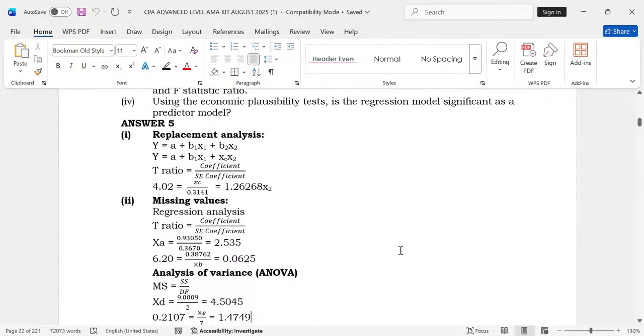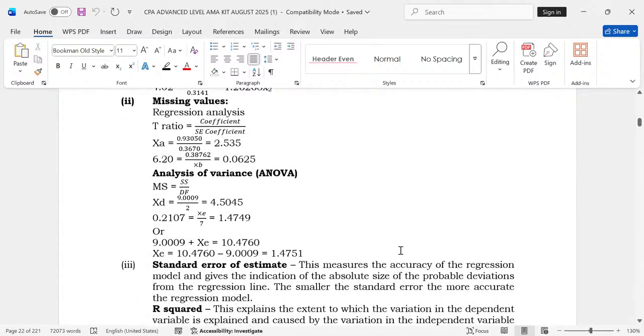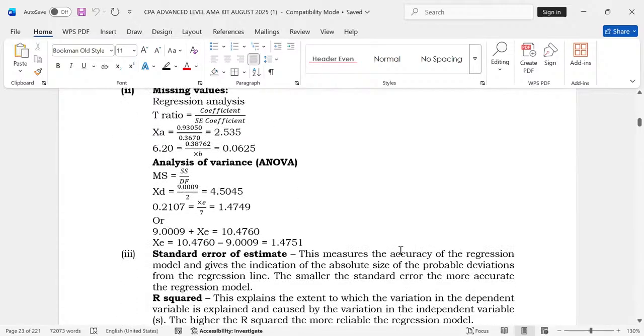Standard error of estimate, SE. Just explanation, in your own words. What would you say is the standard error?